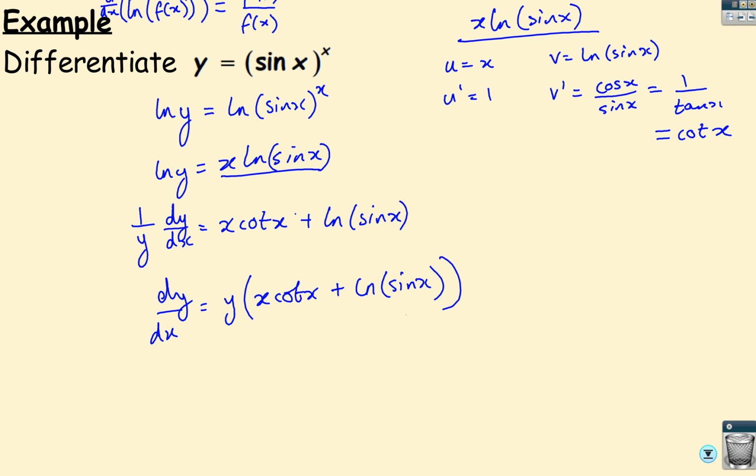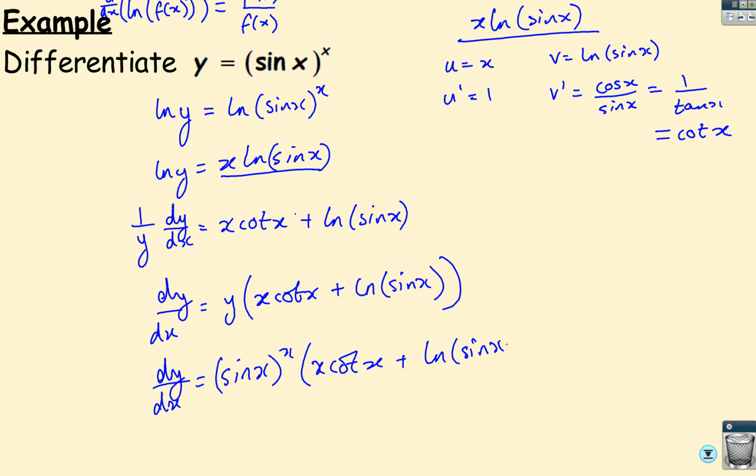Okay, make our substitution for y. Well, y is sine x to the power of x, so dy by dx equals sine x to the power of x times x cot x plus log of sine x. Okay, and that's it. That's all there is to it.